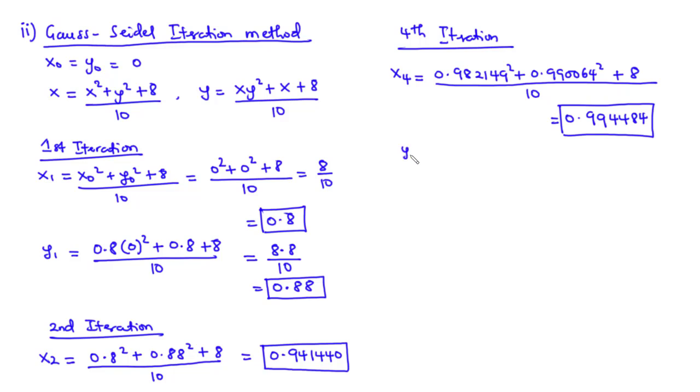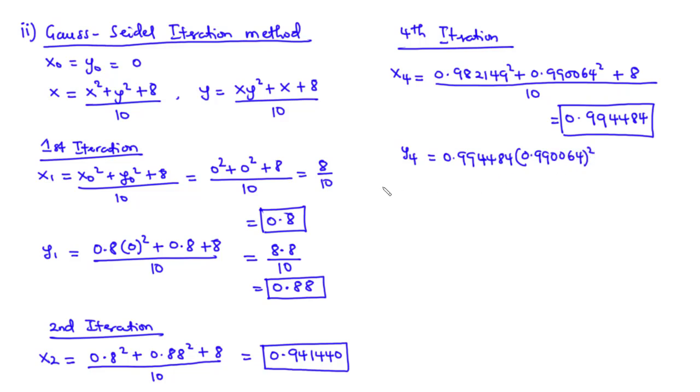Now y4 is also equal to, so the most recent x value, that is 0.994484, times the most recent y value, that is 0.990064.